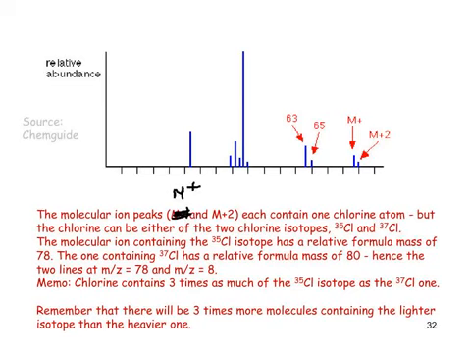Each contain one chlorine atom, but the chlorine can be either of the two chlorine isotopes. It could be a Cl35 or it could be a Cl37. The molecular ion containing Cl35 isotope has a relative formula mass of 78, so that's just made up.